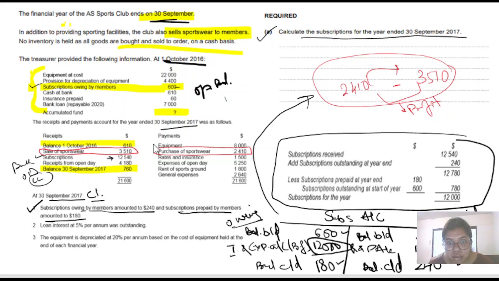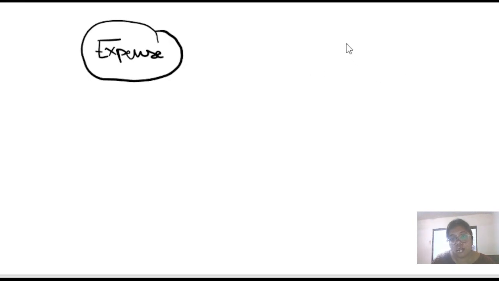So equipment is not your expenditure, it's your asset. This is also not. Rates and insurance. For that you need to know this thing. What if there is any expense? For example, expenses having opening value.